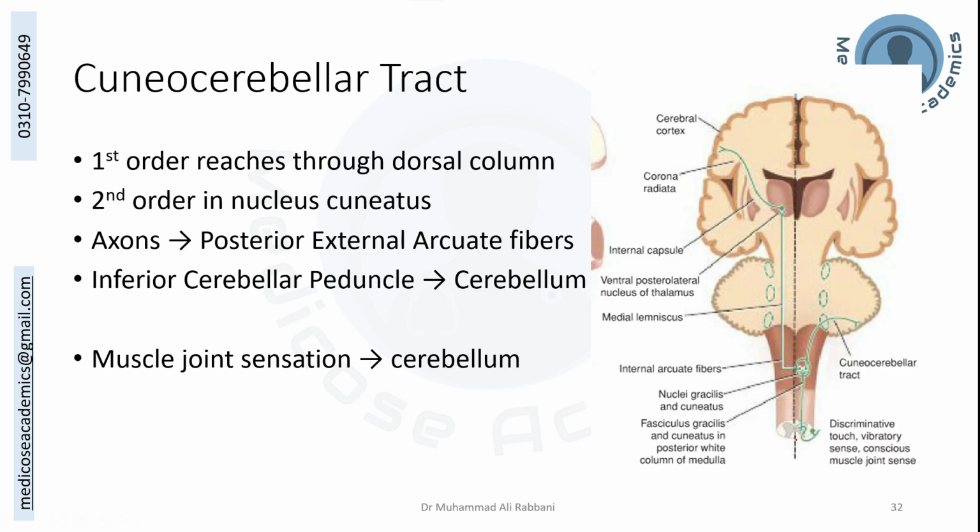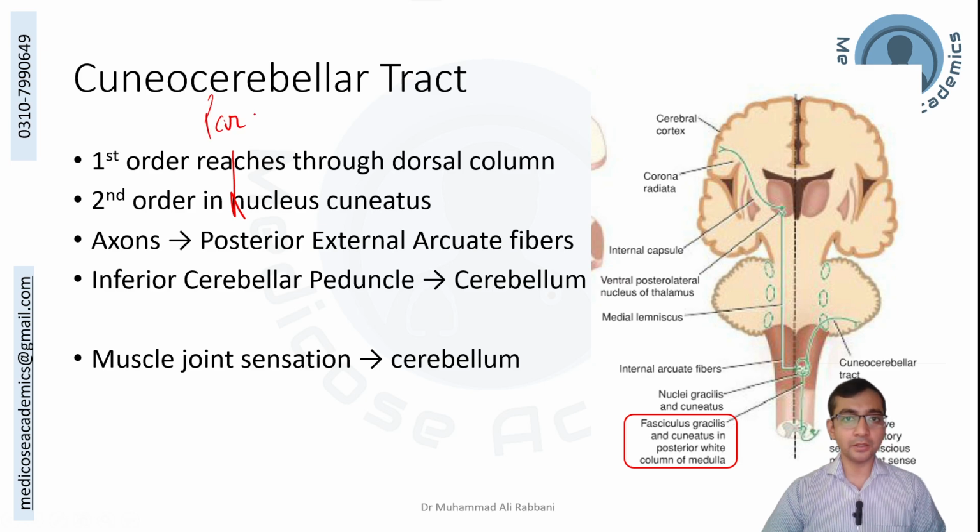In the cuneocerebellar tract, the signals travel up with the fasciculus cuneatus in the dorsal column-medial lemniscus system and do not relay in the spinal cord right there. They move up and end and synapse in the nucleus cuneatus. Some books will say paracuneatus nucleus or accessory cuneatus nucleus.